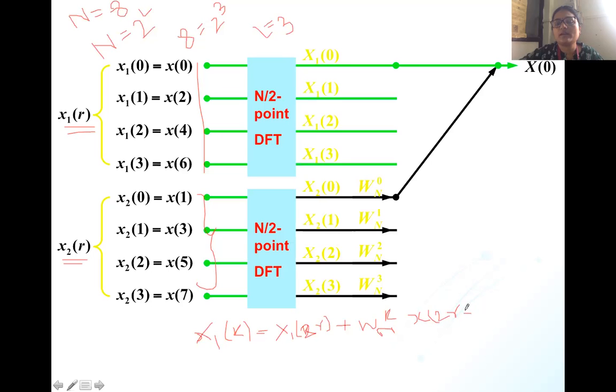Means even points are as it is, but odd points are getting multiplied by the twiddle factor.